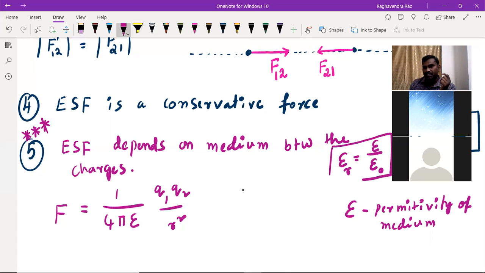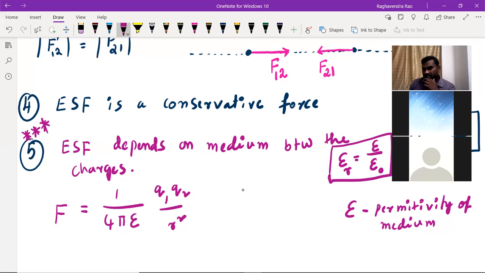Strictly speaking, we should take vacuum. If a question specifically mentions it, the permittivity of air is slightly greater than that of vacuum, but in general we take them as the same.